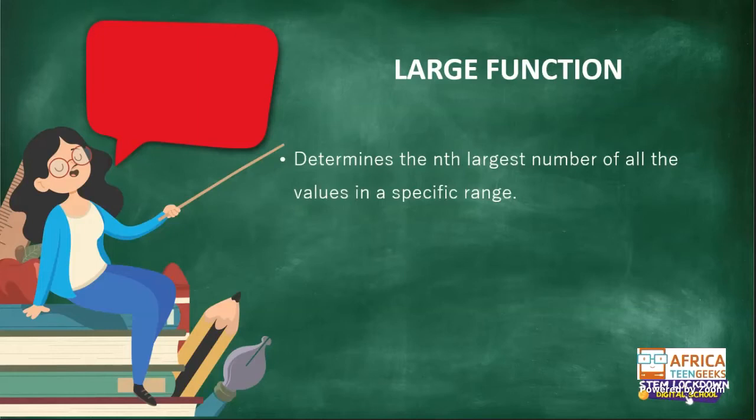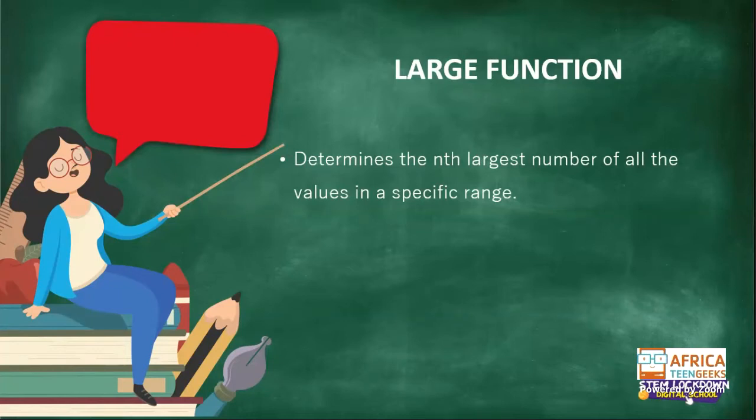So the large function can determine the largest number in a range of cells. It can also find the second largest, the third largest, the fourth largest, and the fifth largest. The nth largest number is any value that you specify the function to find.